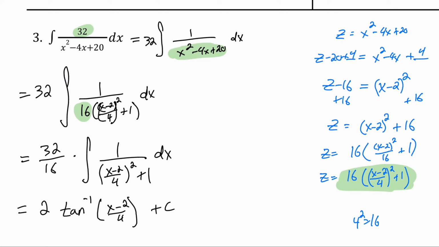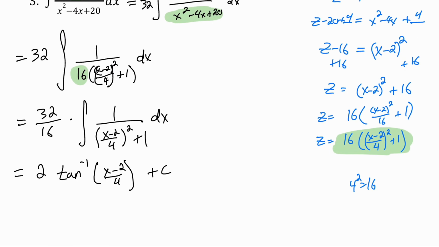But one thing we have to keep in mind here is with u-substitution, I'm going to do that quick form where we just divide by the derivative of the inner function. We can do that when we don't have any x's left over. We have to divide by the derivative of (x minus 2) over 4.